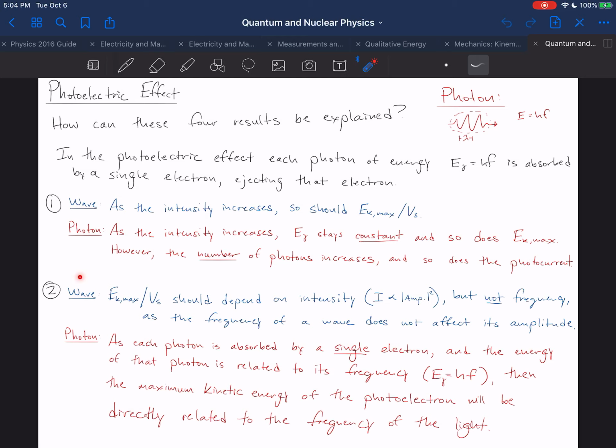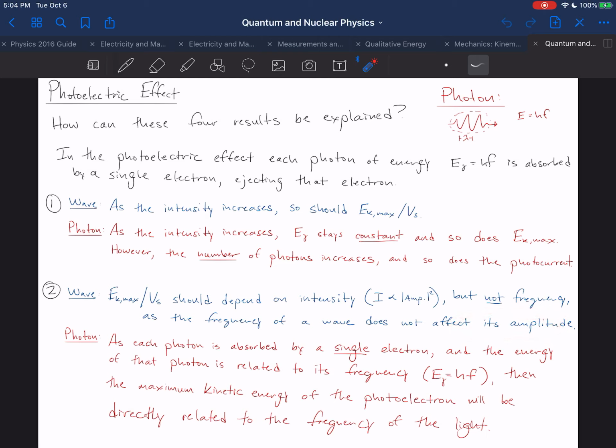What about our second observation? Well, according to the wave theory, the stopping voltage and the maximum kinetic energy of those electrons should depend on the intensity, but not the frequency. The frequency of a wave doesn't affect its amplitude. Okay, so straight up, that's just not how the amplitude of a typical wave works.